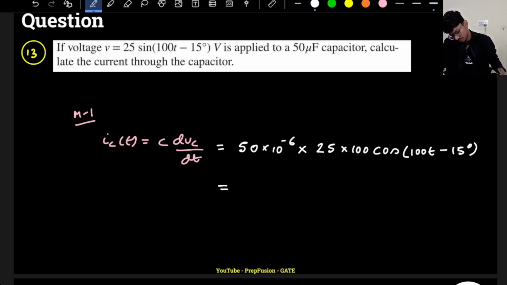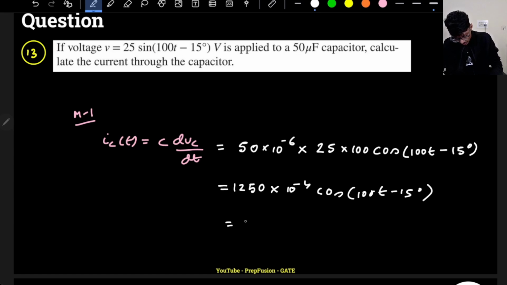So this will be 1250 into 10 to the power minus 6, that is 10 to the power minus 4, times cos(100t − 15°), or this will come out to be 0.125 cos(100t − 15°).